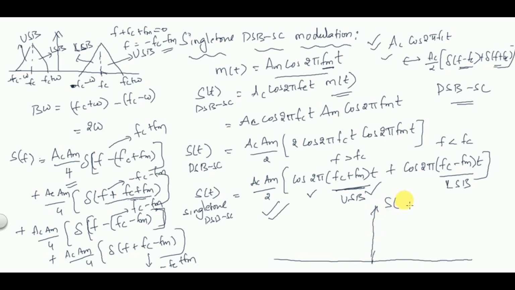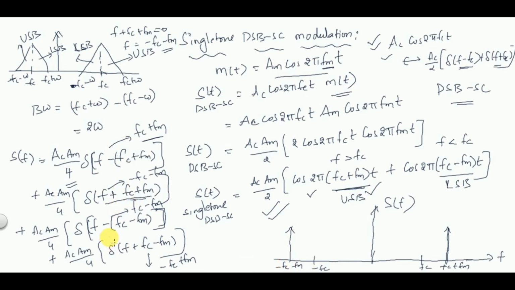So this is S of f and this is f here. There is one impulse function at fc plus fm, beyond fc, and there is an impulse at minus fc minus fm. If you take this as minus fc, there is an impulse function at minus fc minus fm.